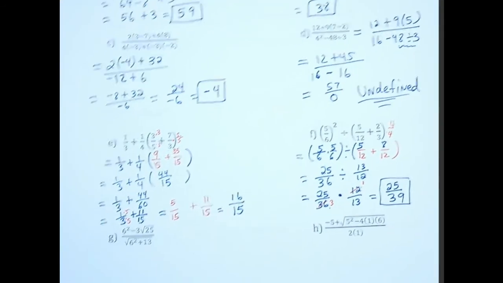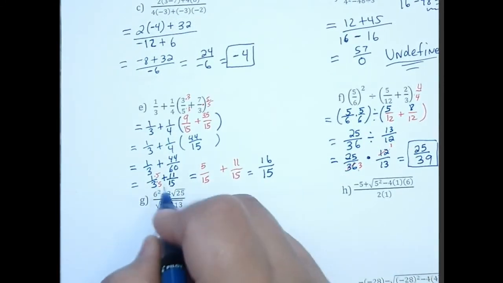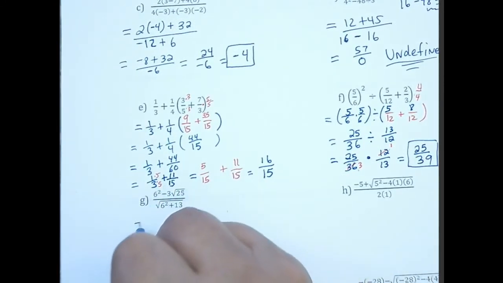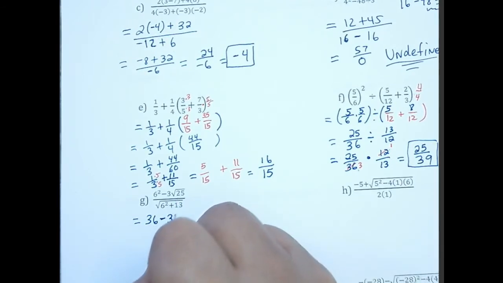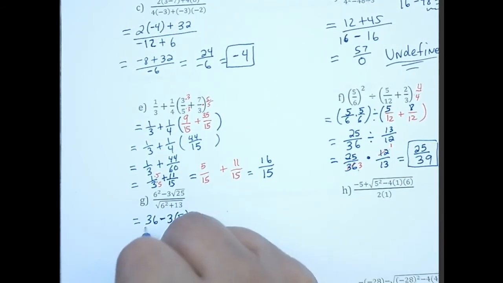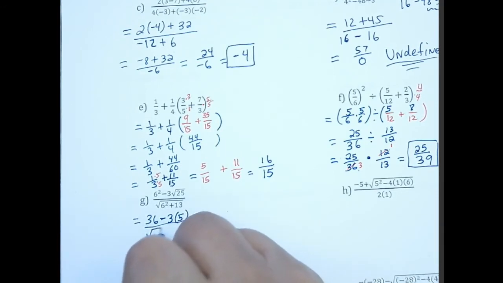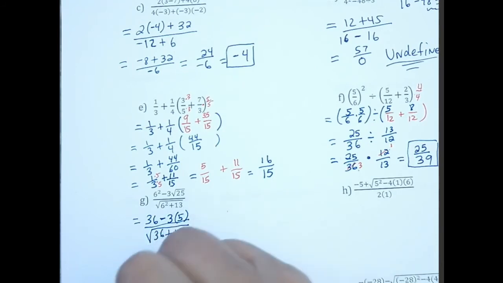So let's go to letter G. So here we have 6 squared is 36 minus 3. The square root of 25 comes out as a 5. And then here we have the square root of 6 squared, which is 36, plus 13. So we get 36.